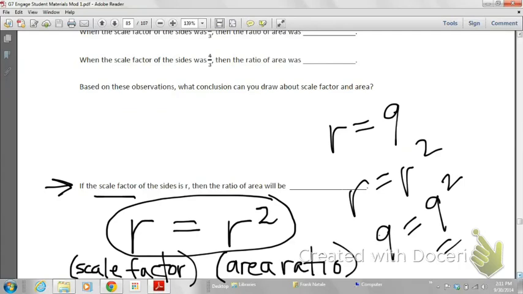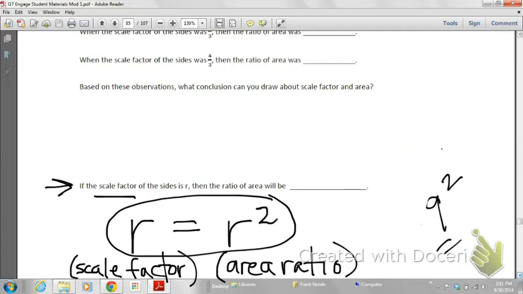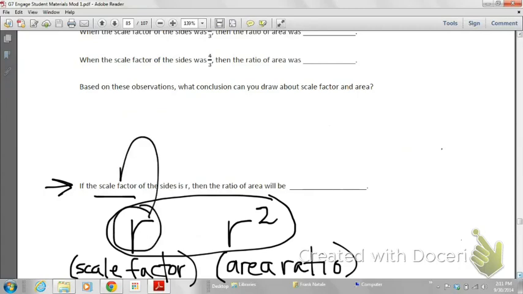Hold on a second. Sorry, it was a little bit confusing here. I didn't mean to write R equals R squared, because that's not true. R is the scale factor, and R squared is the ratio of the area. One doesn't equal the other. They're two different things.